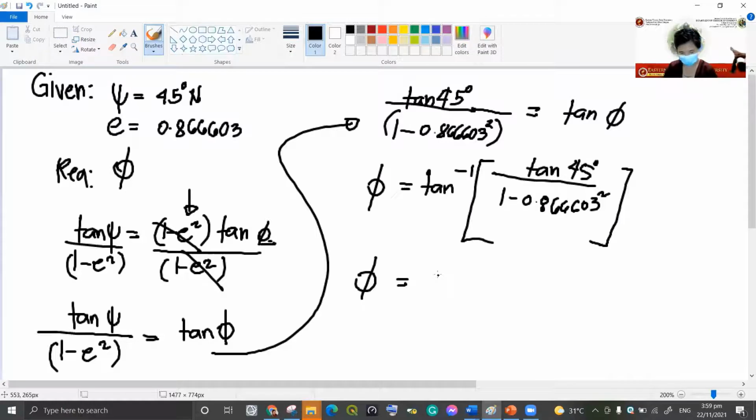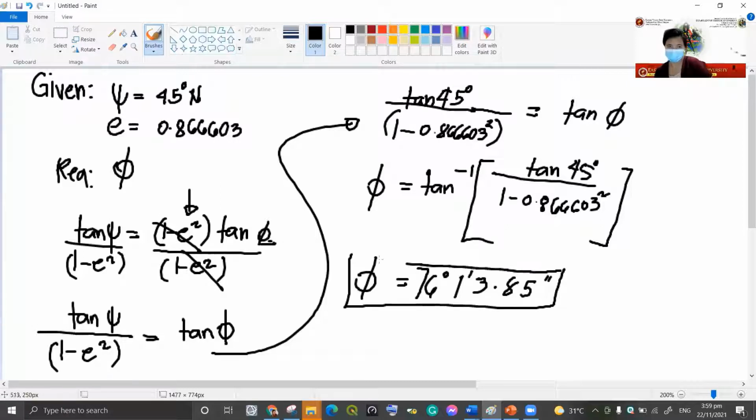Okay, so that is 76 degrees, 1 minute, and 3.85 seconds. So this is now the equivalent value of the geodetic latitude of a given point whose geocentric latitude is equal to 45 degrees north. I hope you get the relationship between these three latitudes.